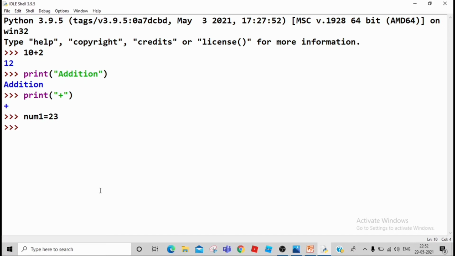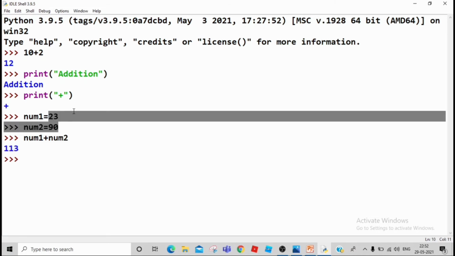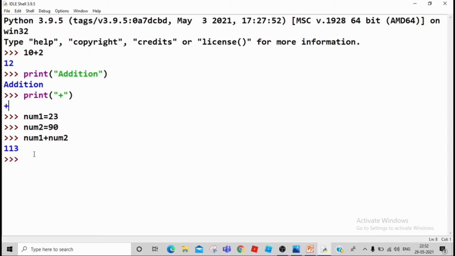So it's 23, and the second one might be 90. So here we go, and now I'm going to add number 1 with number 2, and let's see the results. Which is equal to 113. So this is the sum of both numbers which I have fed to the computer, and this is my answer, and this is the whole concept of addition operators.